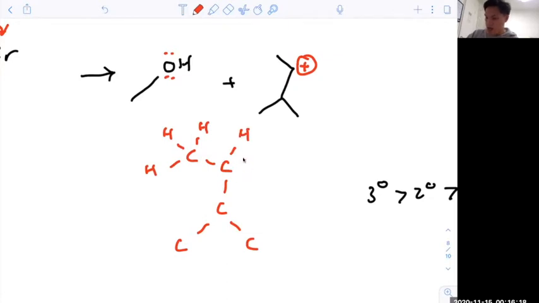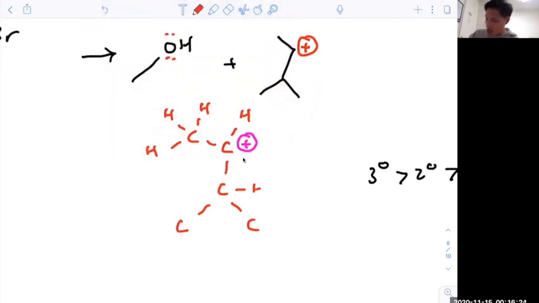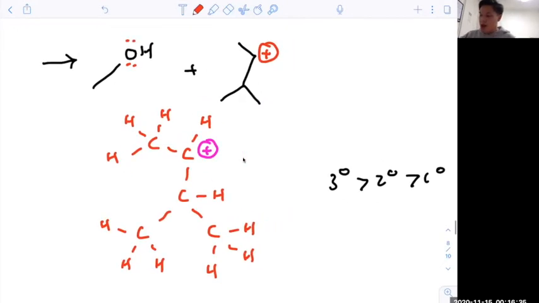I'm going to draw that in a different color so it's easier to see. And then we have one H here, and then we have 3. Okay, so what actually happens is neighboring carbons, so these two, can donate one of the hydrogens to this carbon, shifting this positive charge to either this carbon or this carbon.